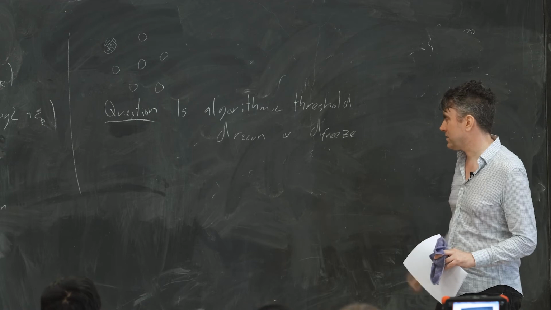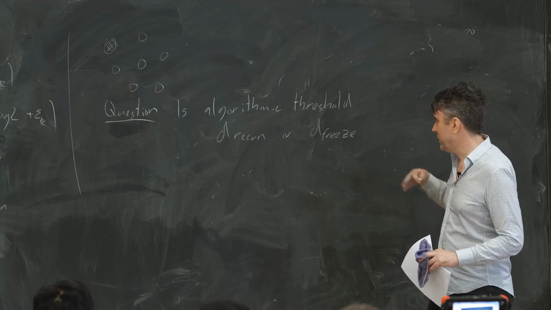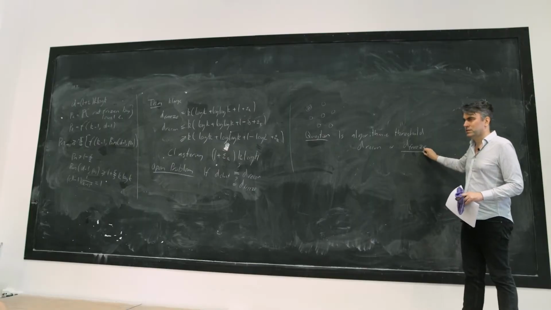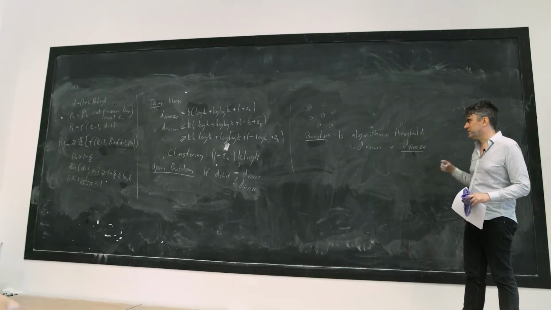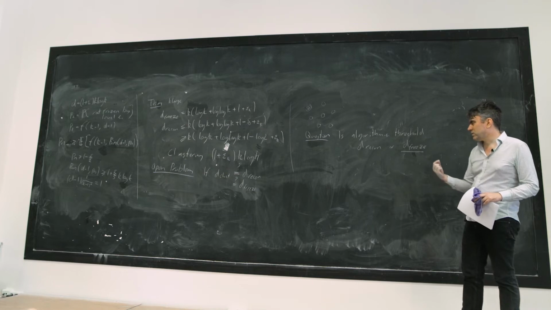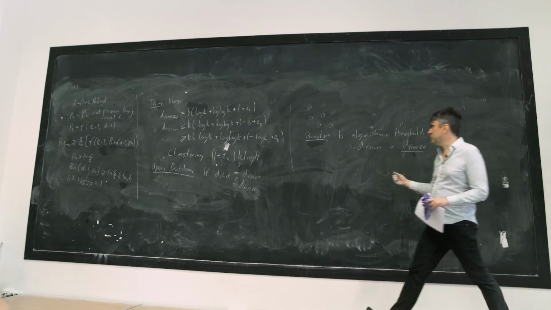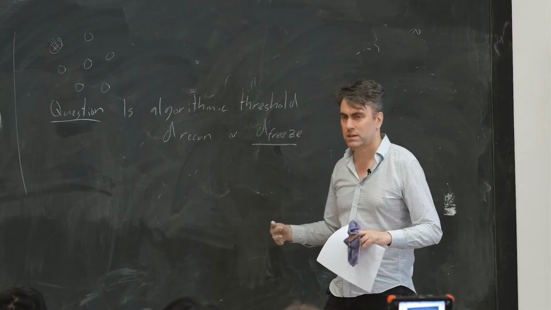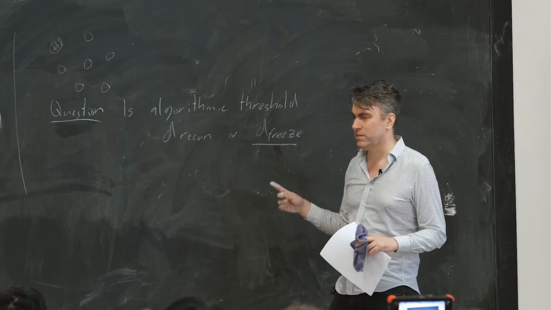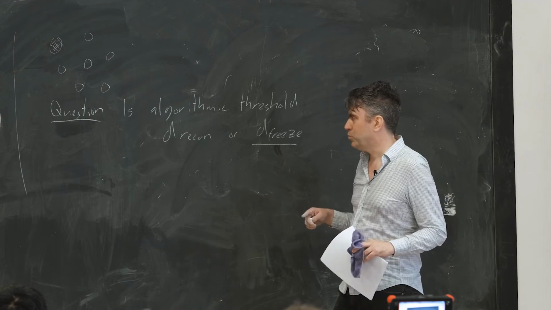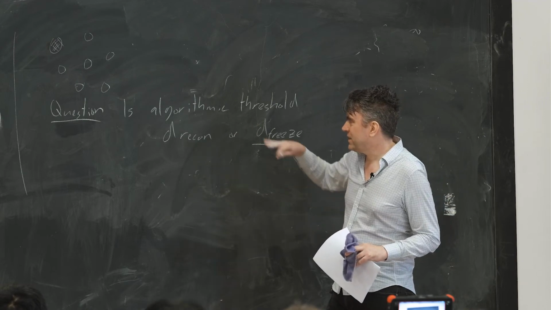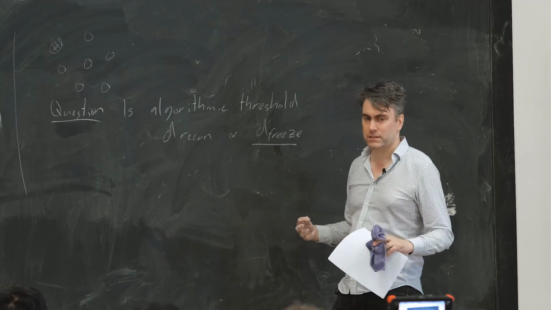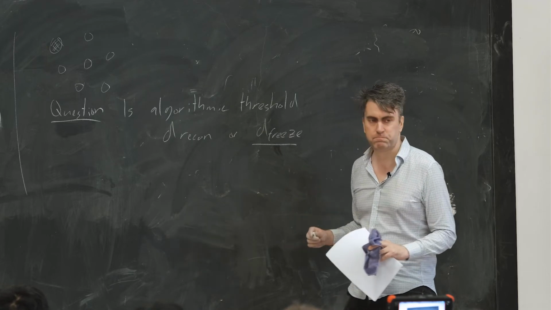And if you ask the physicists, they tend to say this one, suggesting that there's a very narrow regime in which the space of solutions splits up into clusters, but they're not frozen, and algorithms can find them. But even the existence of this regime where you have clusters but they're not frozen is an open problem.